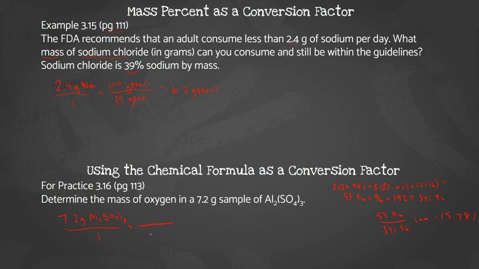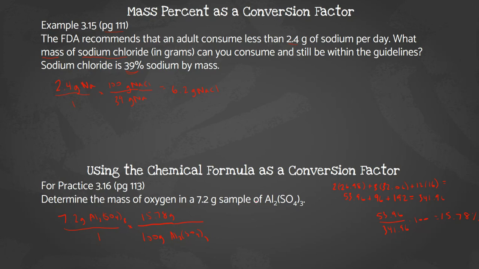So in 100 grams of my aluminum sulfate, I have 15.78 grams of, oh, I did aluminum and it says oxygen. Oh, that's the worst.